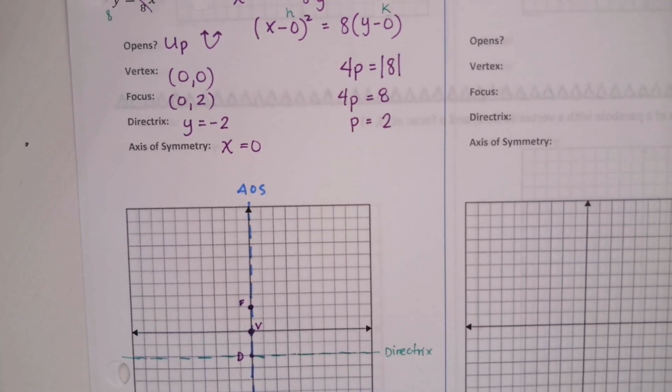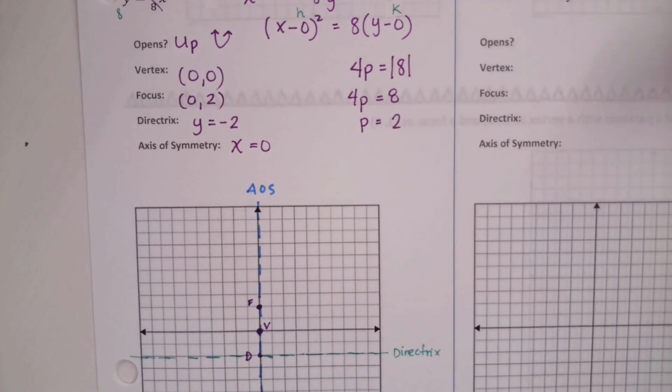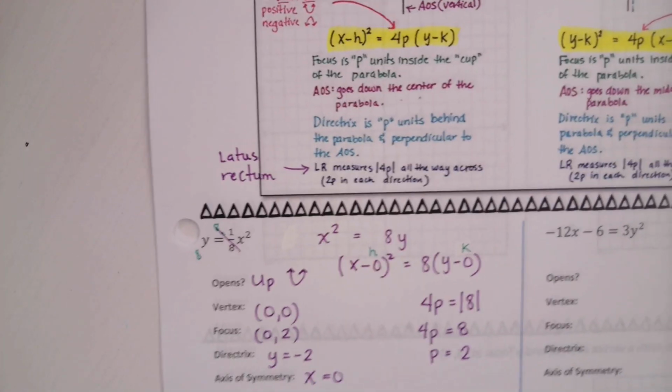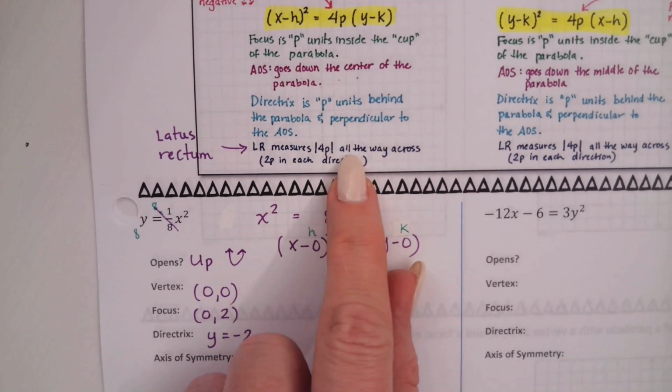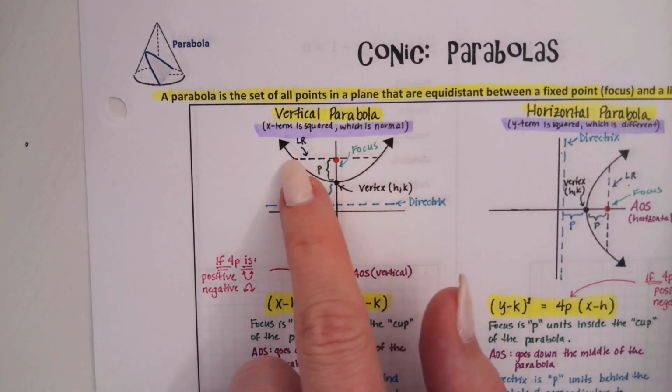Okay. Last thing we actually need to do is draw the shape. Now, to draw the shape, we need to determine how wide it's going to be. And that is based on the length of the LR, the latus rectum. It's going to measure 4p all the way across through the focus.